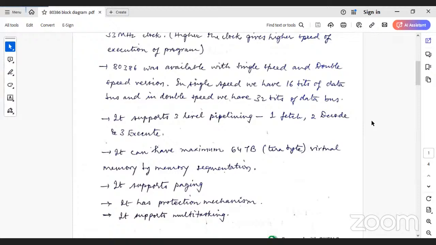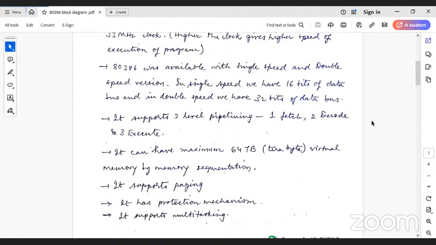And paging is nothing but that whole memory will be divided into small blocks, and each block is called a page. That mechanism is known as paging. So it supports paging, then it has a protection mechanism, and it supports multitasking.